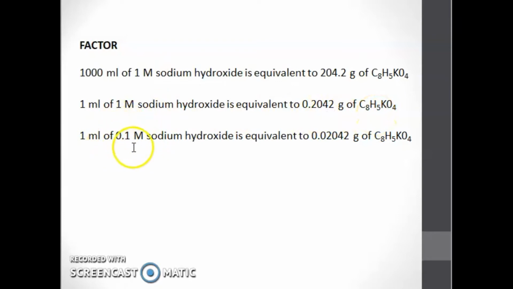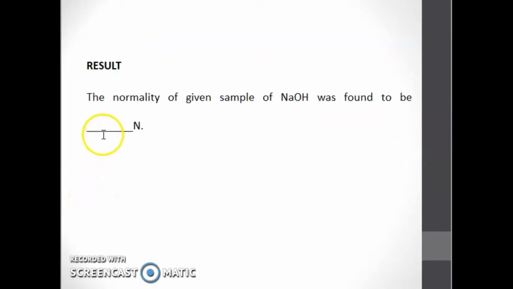As we have taken 0.1 molar NaOH, 1 ml of 0.1 molar NaOH is equivalent to 0.02042 gram of potassium hydrogen phthalate. Finally, you have to conclude your result as: the normality of the given sample of NaOH was found to be dash normal. Now we will proceed to the practical part.